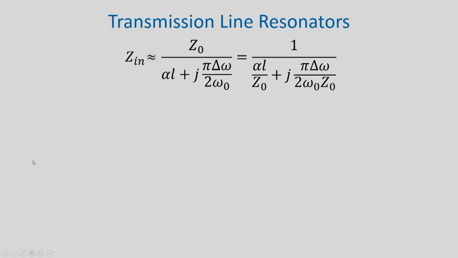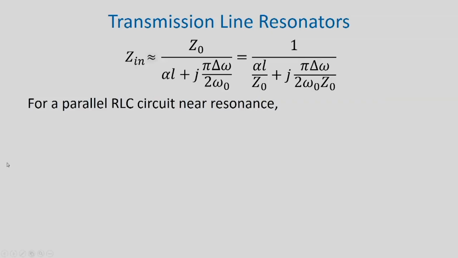Now, we identify that this form of the input impedance is that of a parallel RLC circuit operating near its resonance.